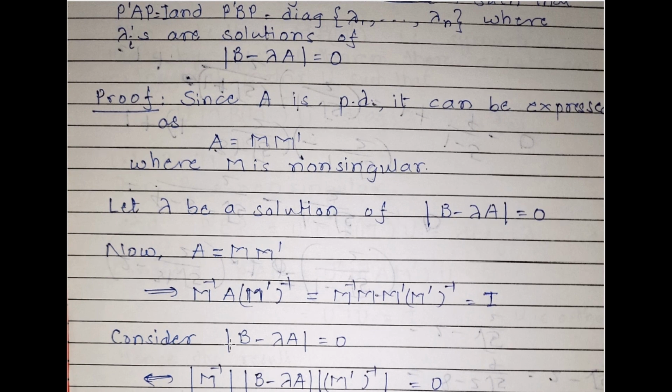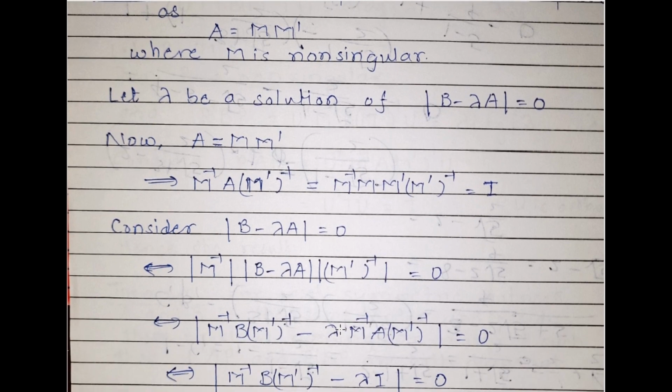So let us consider this determinant of B minus lambda A equal to 0. Because M M transpose is A, and on this side I have 0, pre-multiplying it by any constant is not going to alter this equation. So I'm going to multiply it so that I can somehow bring in this A equal to M M prime.